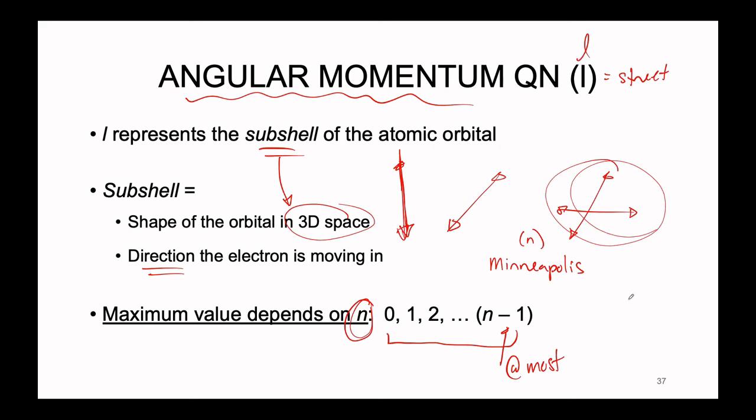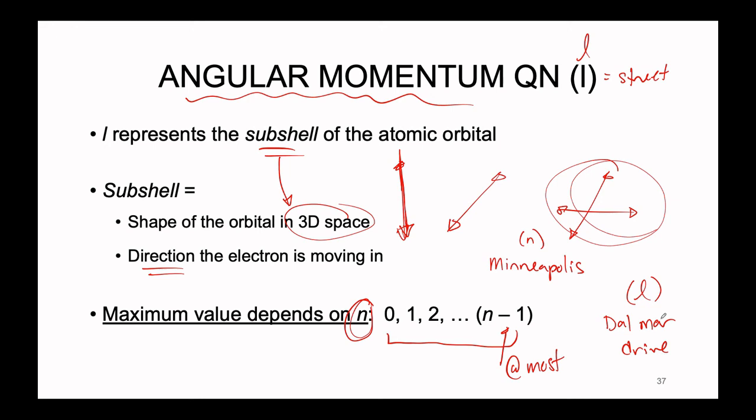Well, you can't choose an L, a street, that is outside of the city that you are working with. Let's say we consider the street Dalmar Drive. If there is a Dalmar Drive in the city of Minneapolis, I had no idea. Dalmar Drive is actually in the city of Brainerd, Minnesota, which is, fun fact, my hometown.